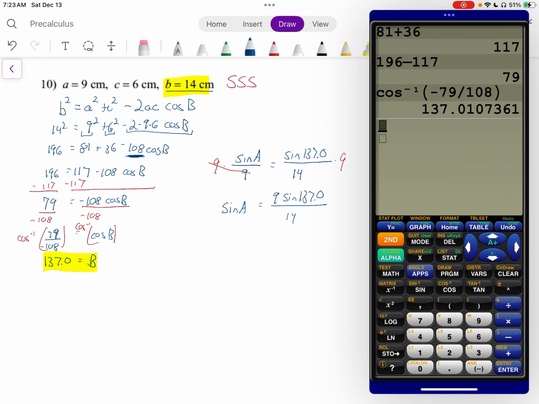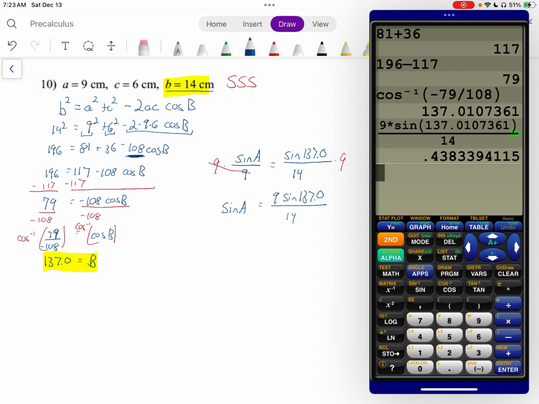So we'll use a fraction. We have 9 times the sine of 137.0. You could type in more numbers there if you want, since you have them right there. And then that is divided by 14. So sine of A equals that. And so what we do is we take the inverse sine of that, 0.4383.